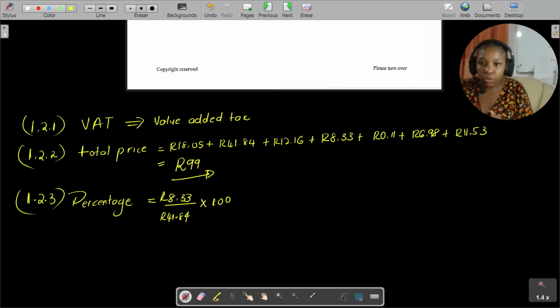So all that we need to do is 8.33 divided by 41.84 multiplied by 100. How much do we get?